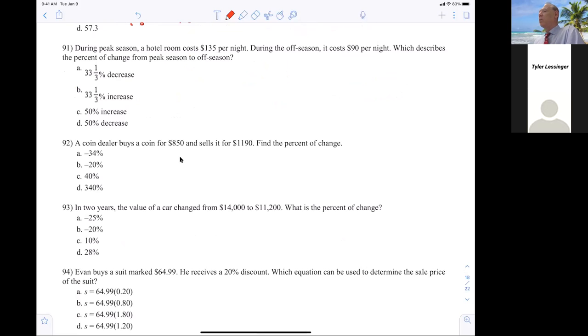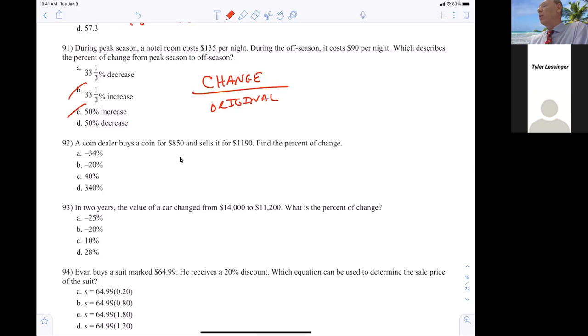During the peak season, the hotel costs 135. Off season, it's 90. All right, so remember, it's always the change. First of all, is this an increase or a decrease? Decrease, so we know it's not B or C. So I want everybody to write this down. The change divided by the original. The change divided by the original.